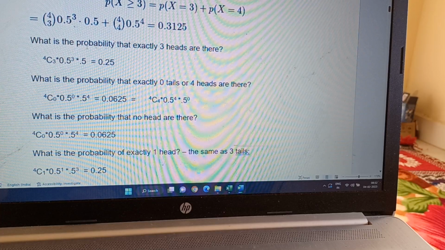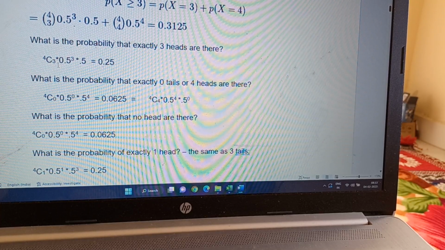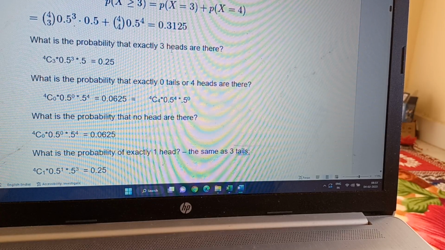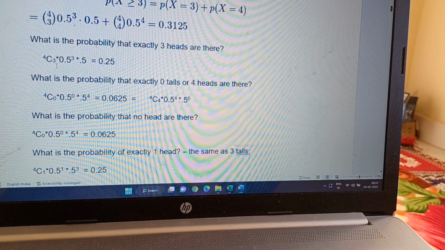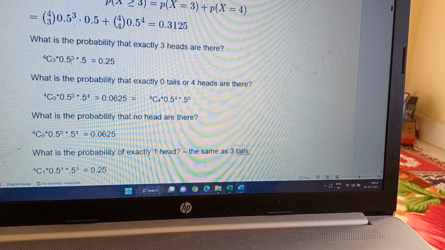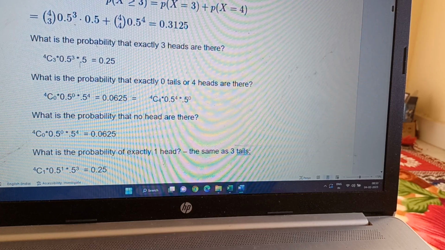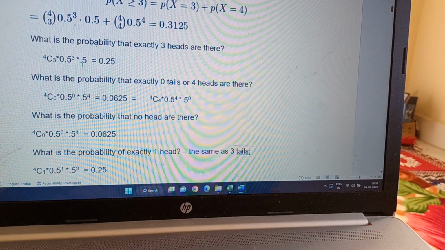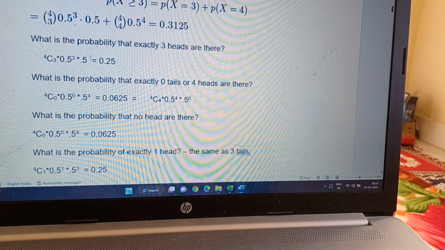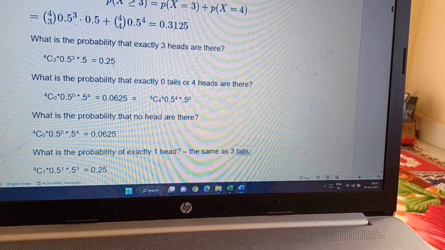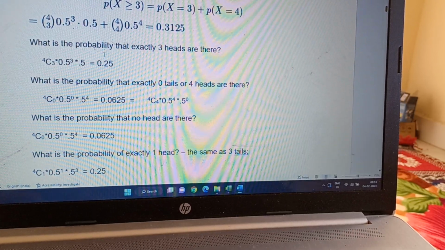But let's discuss the formula. It is 4 choose 3. The probability of getting exactly 3 heads means they can occur in 4 choose 3 ways times the probability of head, 0.5 to the power 3, and then the tail occurs only once, so 0.5 to the power 1. This is equal to 0.25, the same as I got here, so I didn't calculate it differently.